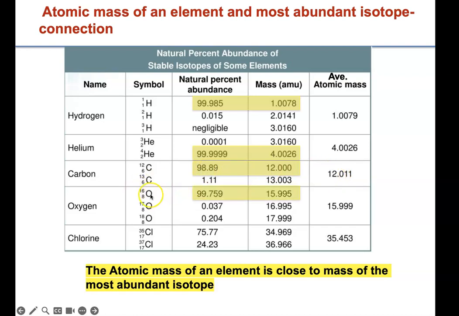For oxygen, there are 3 isotopes, but the most abundant is oxygen 16, so the average atomic mass of the element sample is going to be close to 16, which is 15.999. Chlorine has 2 isotopes. The most abundant is chlorine 35 at almost 76 percent, so the average atomic mass of the element is close to 35.